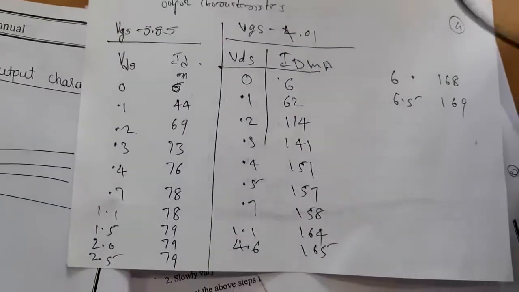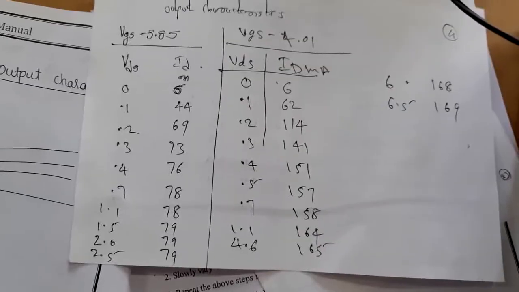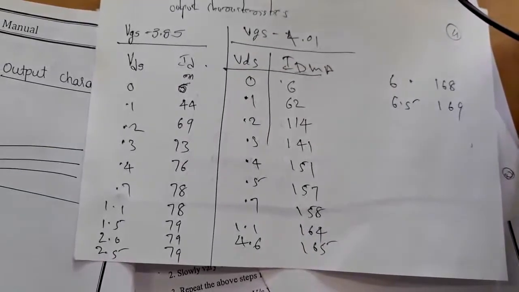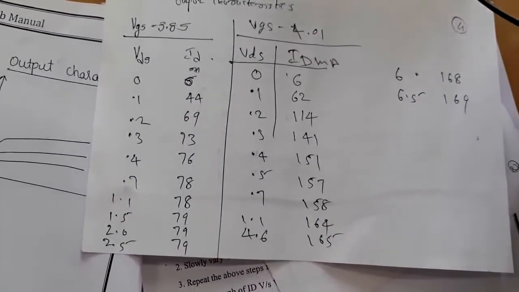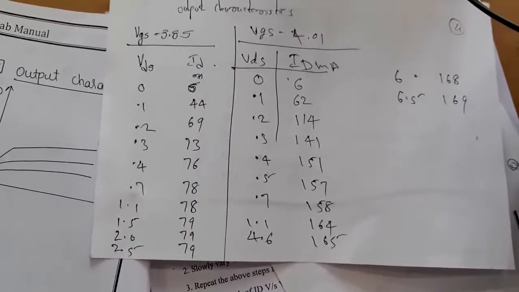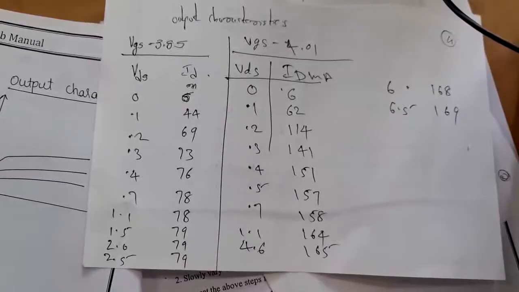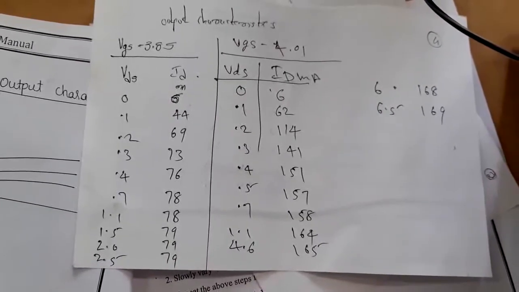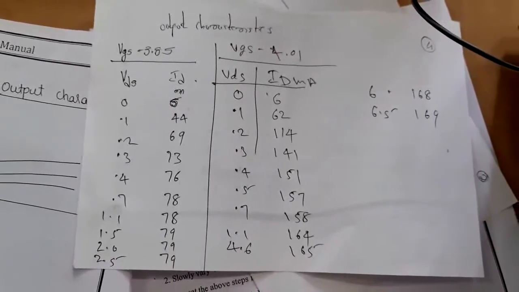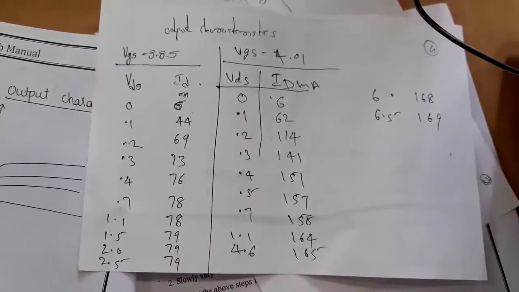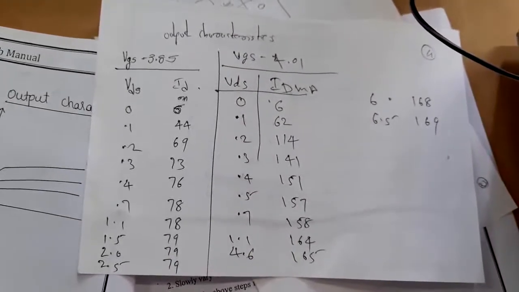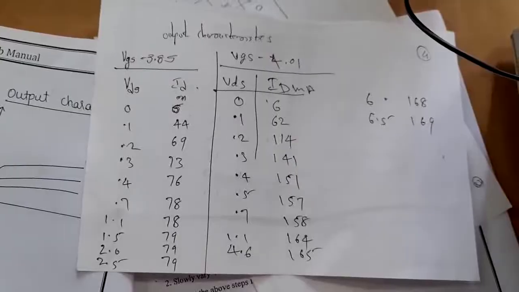For VDS of 3.85 and VGS of 4.01, at 0 volts both are having like 5 and 6 milli, not much difference. But when VDS was 0.1, when VGS, the gate source voltage, was 3.85, you are seeing only 44 milliamps, whereas you are seeing 62 milliamps when the gate to source voltage has increased to 4.